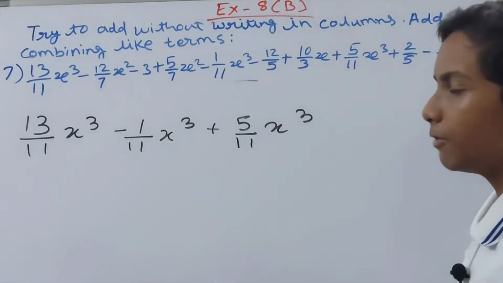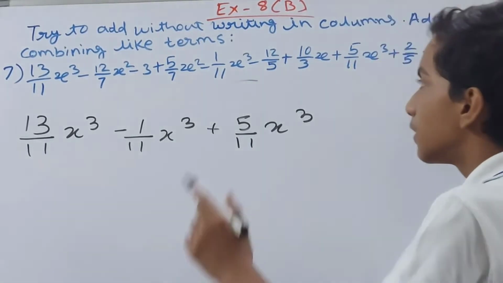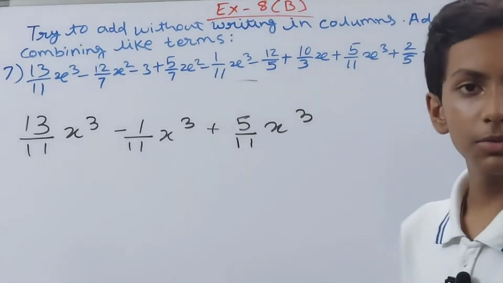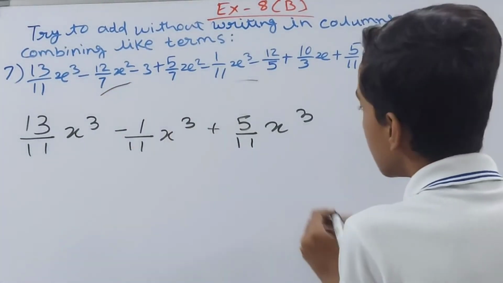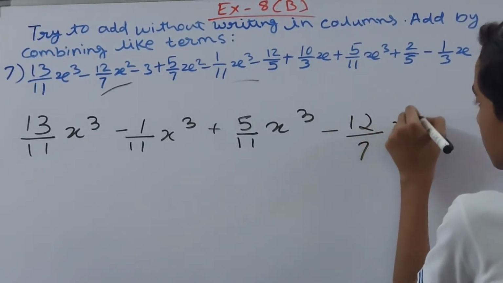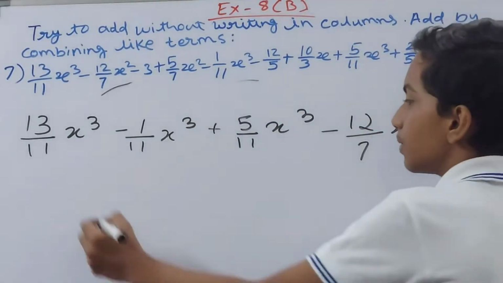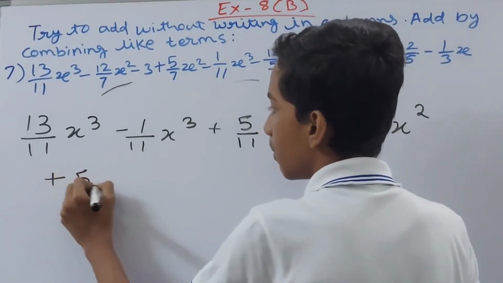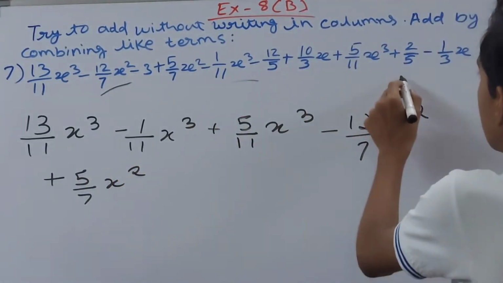Now we go 1 degree down, subtract 1 from 3, 2. So now we look for the terms with their degree as 2. So which one is it? First is this one, minus 12 upon 7x square, alright, and this one, that is plus 5 upon 7x square, and any other term we have?